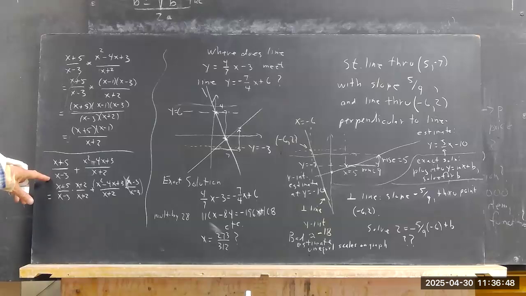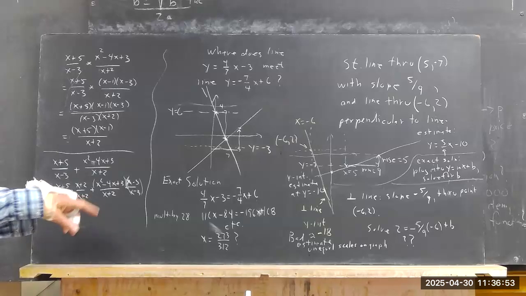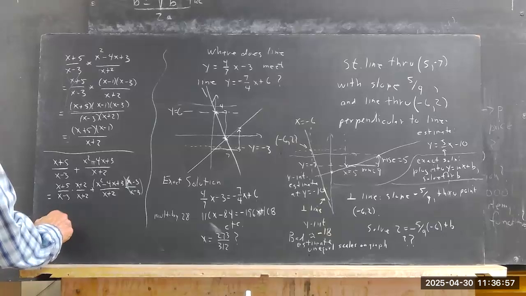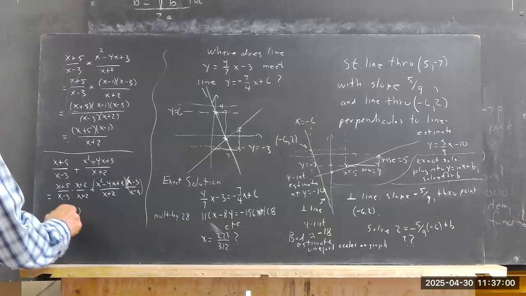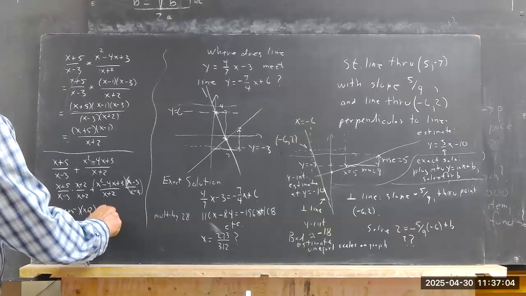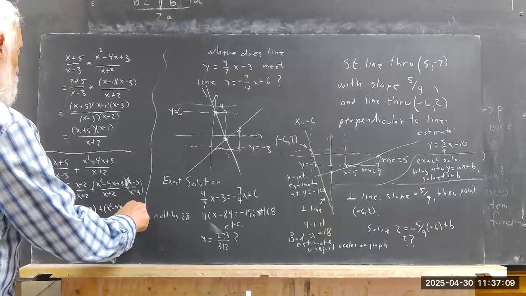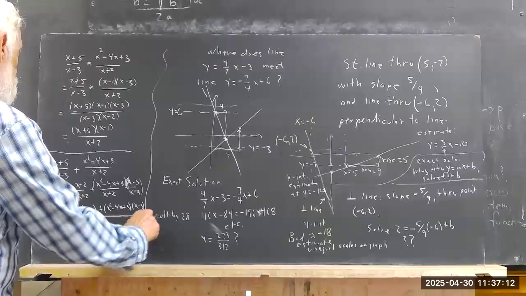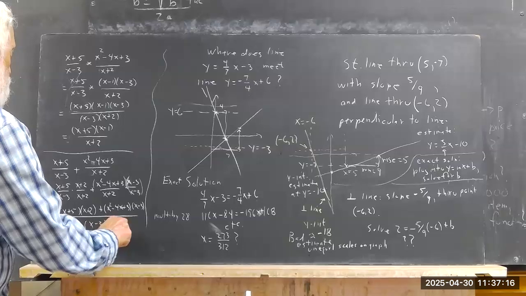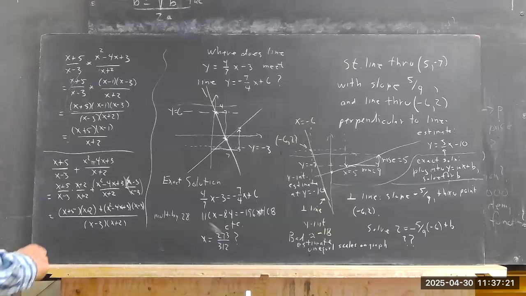But we multiply numerator and denominator here by x plus two, multiply numerator and denominator here by x minus three, and we see that we have the same denominator. Now we can express the whole thing with the denominator x minus three times x plus two.